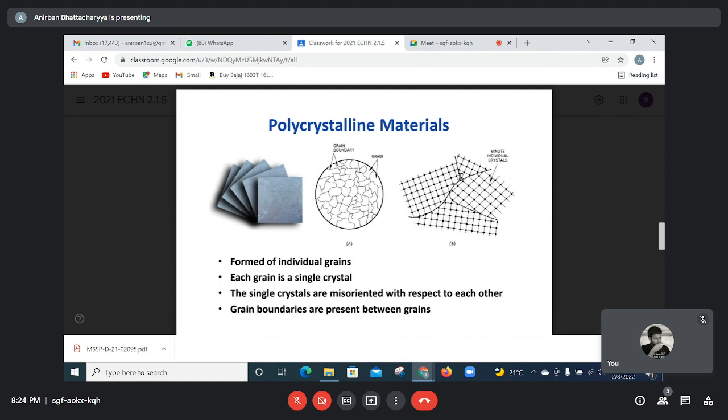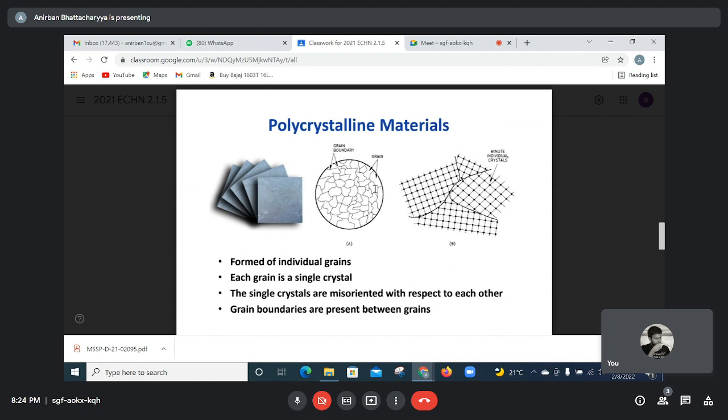If you look at this third picture, can you see that there are various domains, or regions, called grains, and each of them is a crystal, but they are misoriented with respect to each other. So these are called polycrystalline materials, formed of individual grains. Each grain is a single crystal, misoriented with respect to the others. Grain boundaries are present between the grains. That is what a polycrystalline material is.